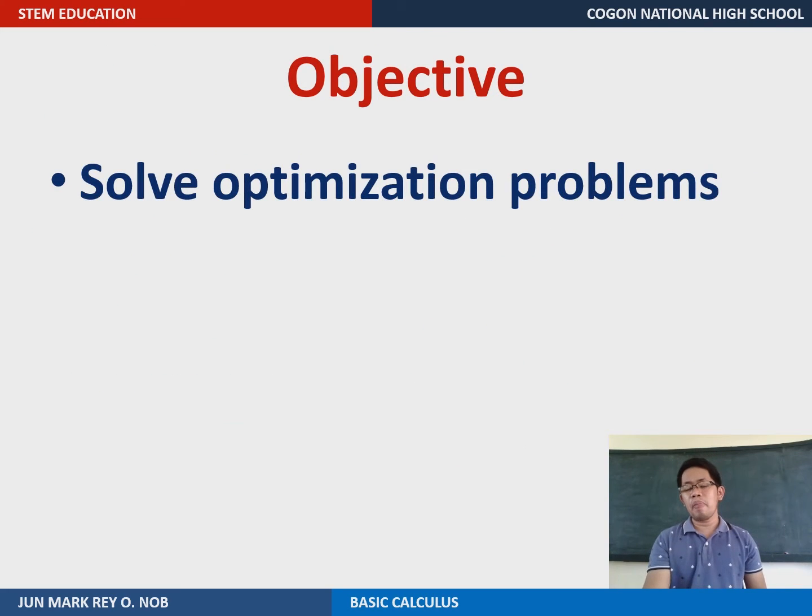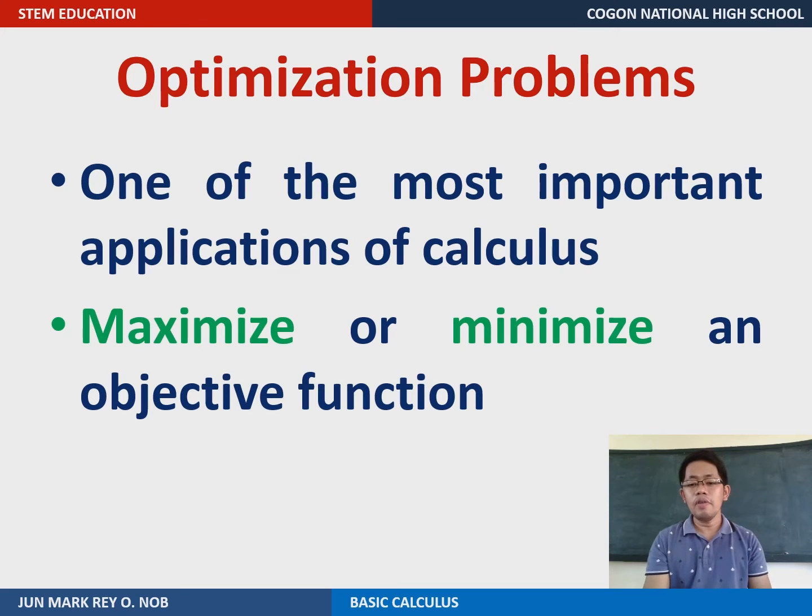At this time, our main objective really is to solve optimization problems. What are these optimization problems and how are we going to solve these problems? Now, one of the most important applications of calculus is the solving of optimization problems. This is very important because it tries to solve many real-life problems.